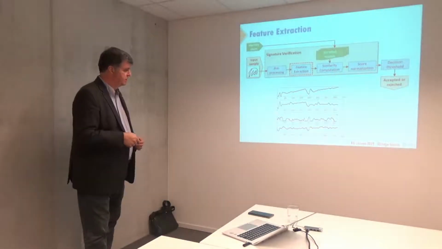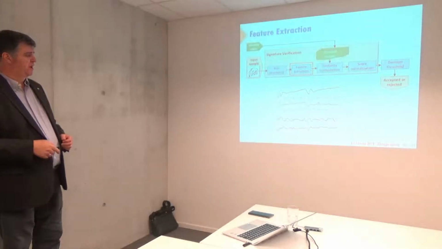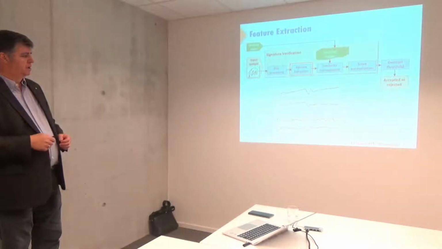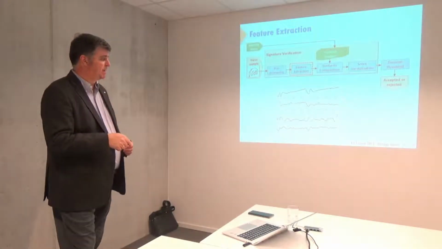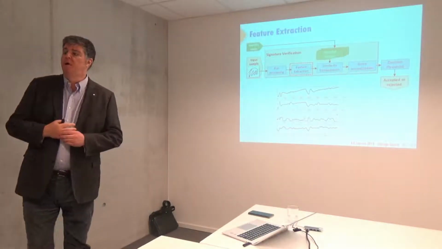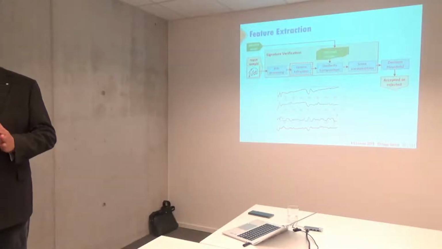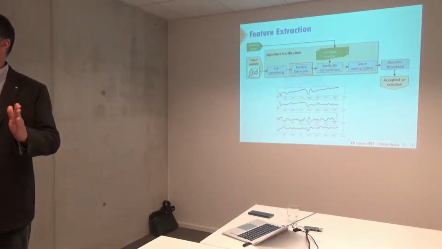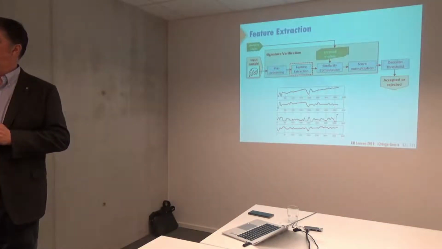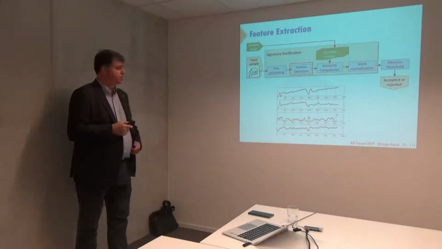Here you have, for instance, X, Y, pressure, and tilt, I think, okay, in the discrete time domain. These are samples, okay. Normally in handwriting, you use sampling frequencies of 100 to 200 hertz, okay, 200 samples per second. That's quite reasonable.